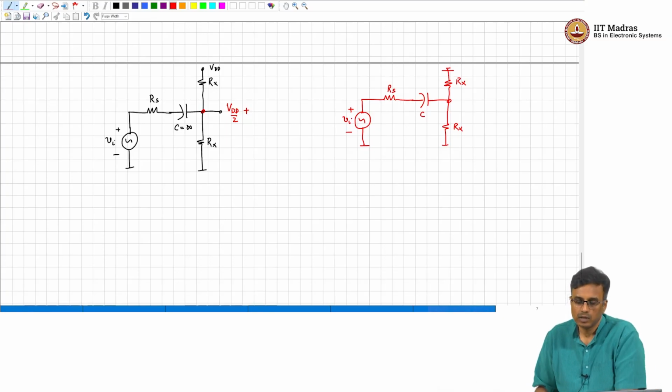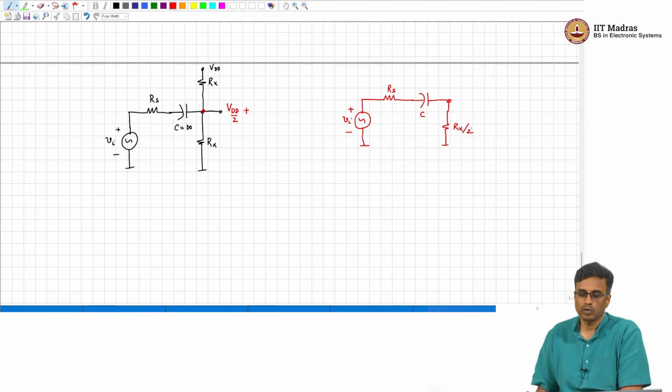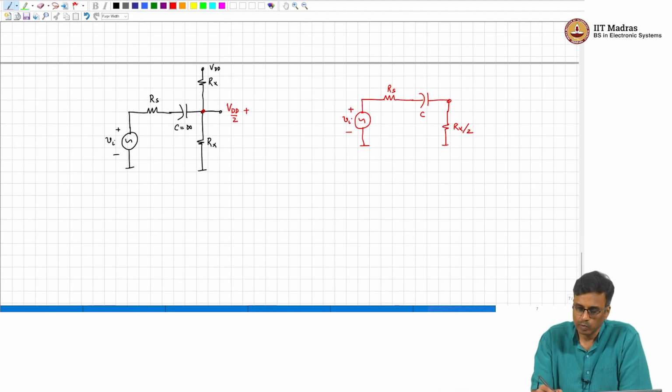Correct. So, the two Rx become Rx by 2 in parallel. So, what is this voltage?